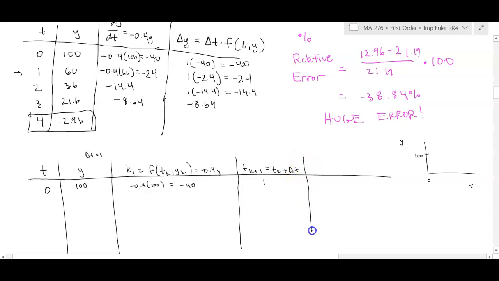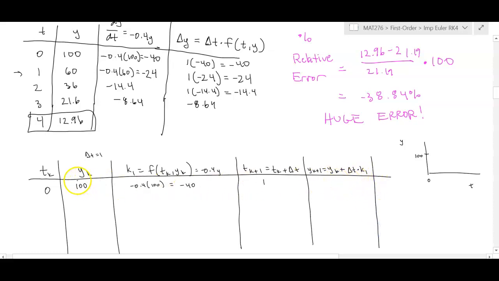Well, our y_k+1 will be our old y_k, t_k, plus our step size times our rate of change, which would be this negative 40. In this case, I'm going to use k1 because it's really the name of the slope that we're using.